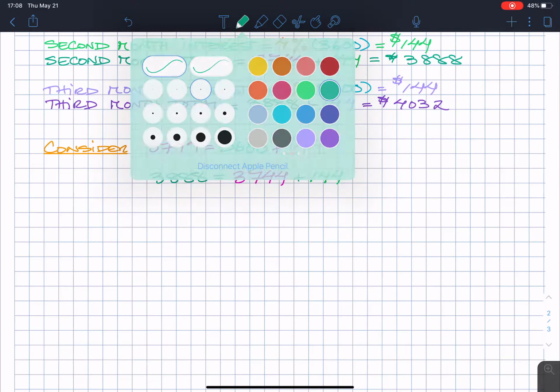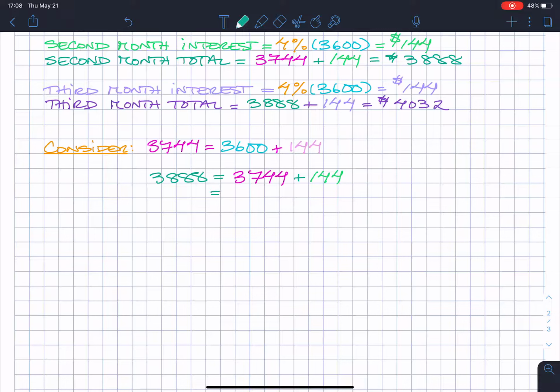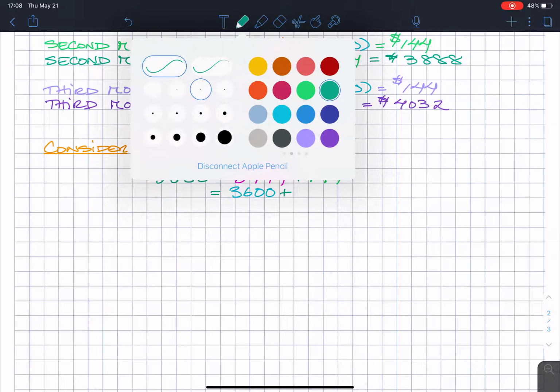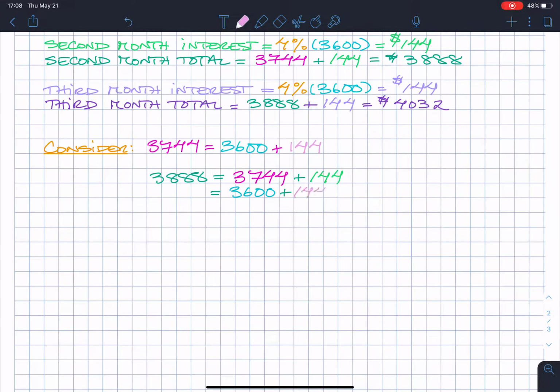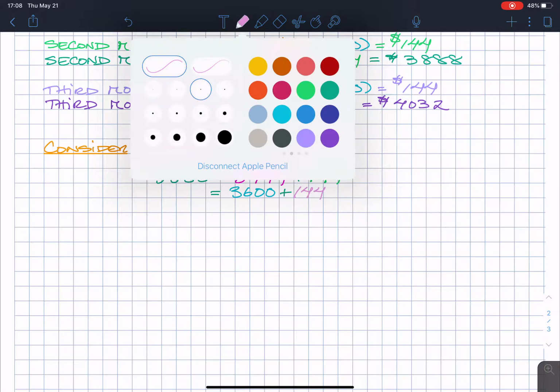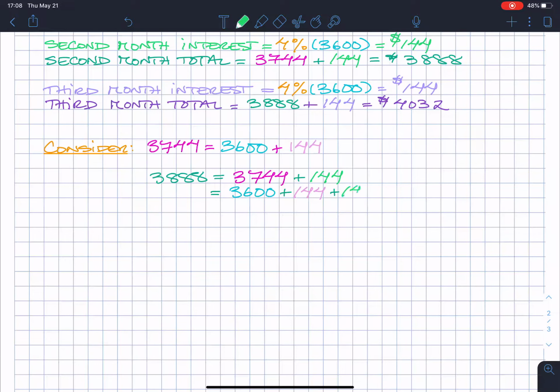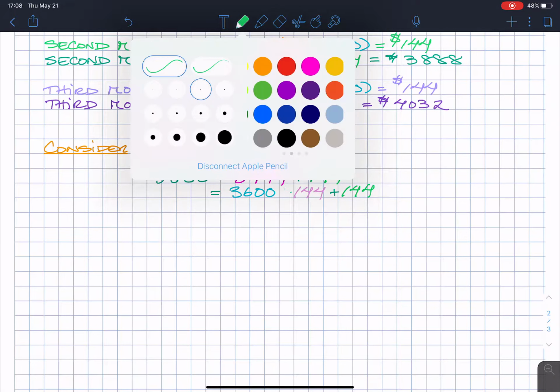But we know that $3,744 is really $3,600 plus $144, to which we're adding $144. Actually, that plus should have been a different color. Let me draw this plus in hot pink as it was supposed to be.